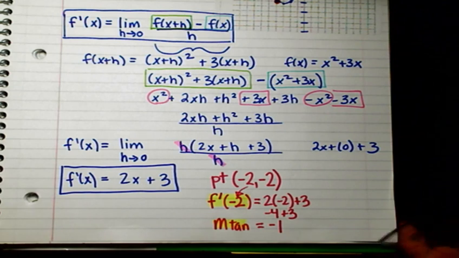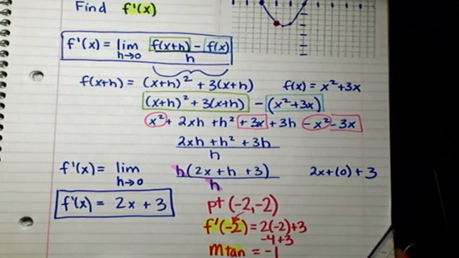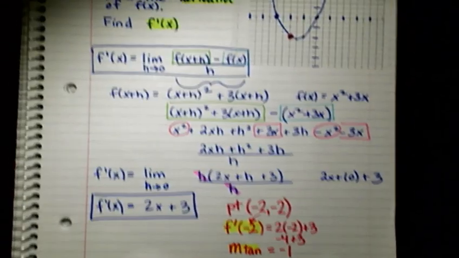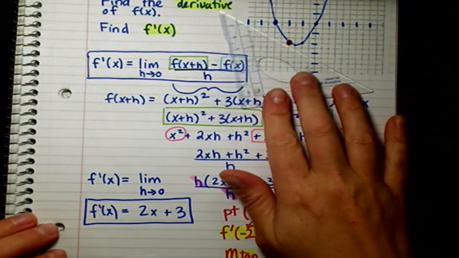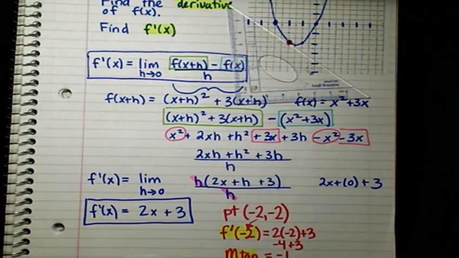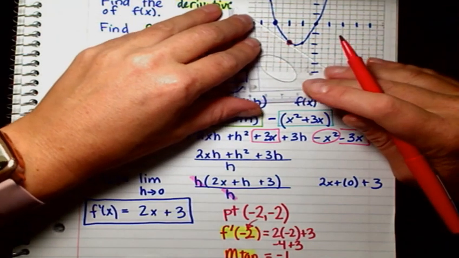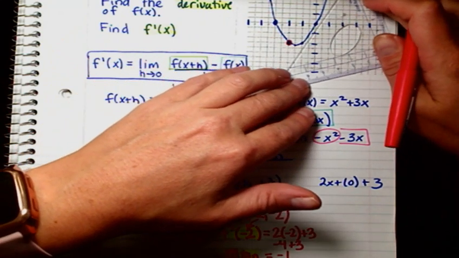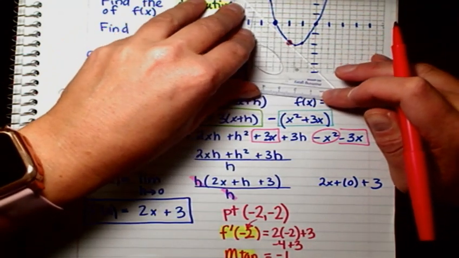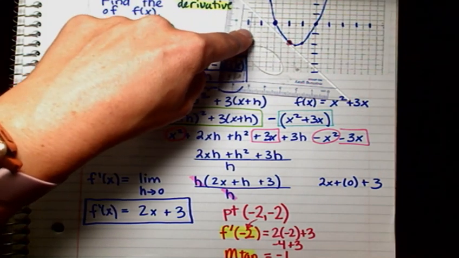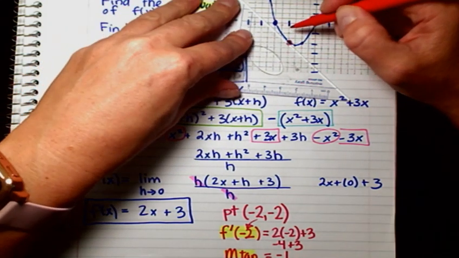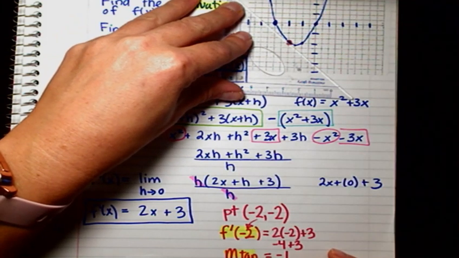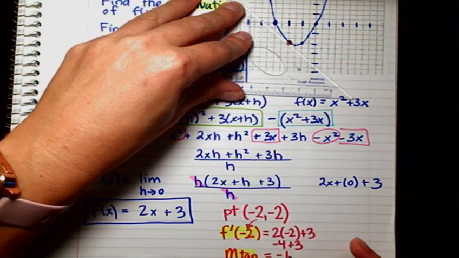Okay, hopefully you have a straight edge of some sort near you. Put your ruler on the graph. Make it look like a tangent line. You can move your ruler around a little bit like a tangent line, but you want that dot right at the point negative 2, negative 2. And see if you can make your ruler do a negative 1 slope. Does it look good?